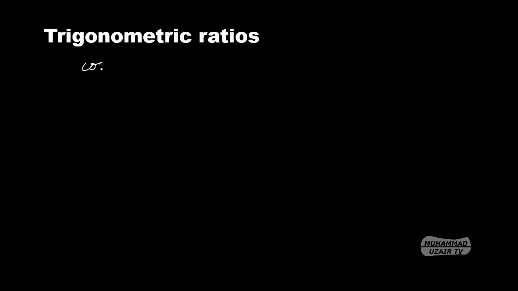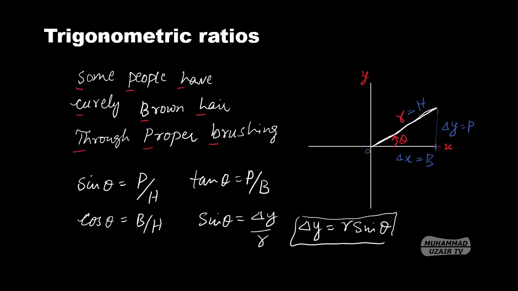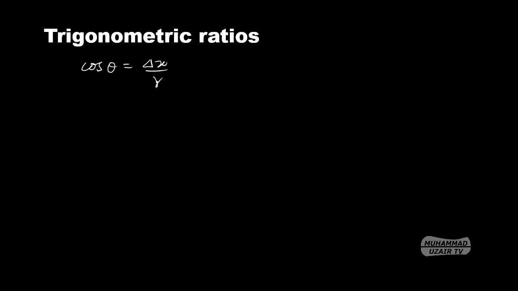Cos theta will be equal to delta x divided by r, as cos theta is base divided by hypotenuse. So base is delta x and hypotenuse is r. So delta x will be equal to r cos theta.